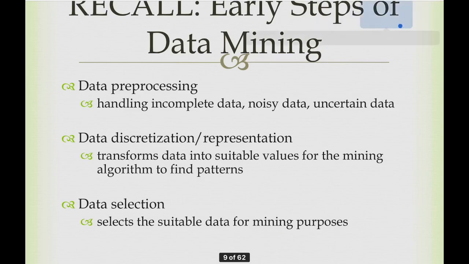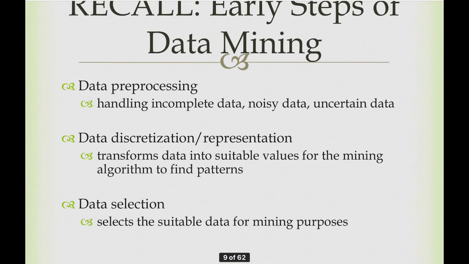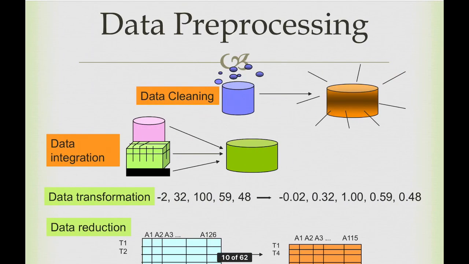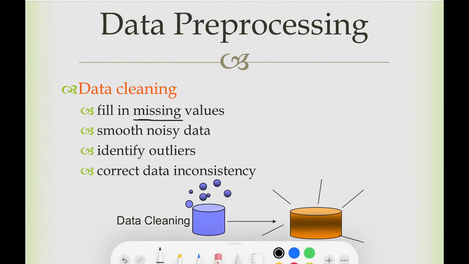So this one you can read on your own again. Okay, recall back the early step of data mining and then data preprocessing. Inilah, this is the general view of them. Now, what is data preprocessing? Number 1 is data cleaning. What is data cleaning? Data cleaning meaning that we are cleaning the data by filling in the missing value.